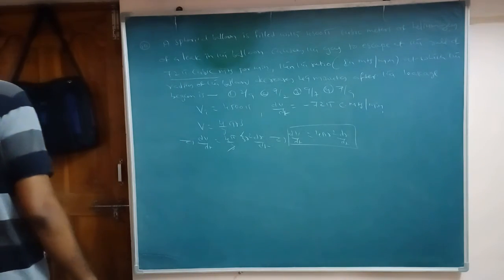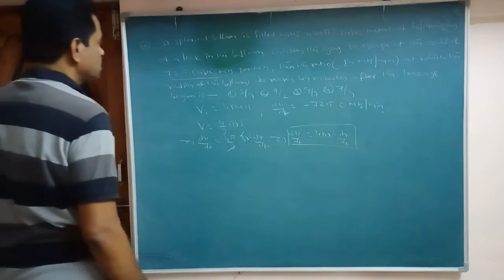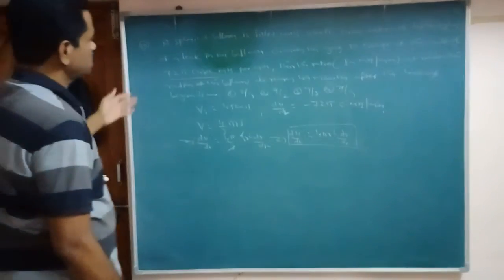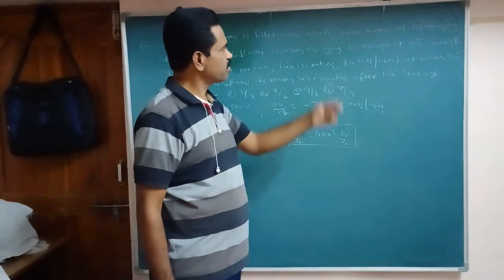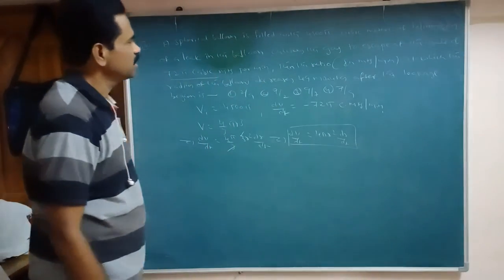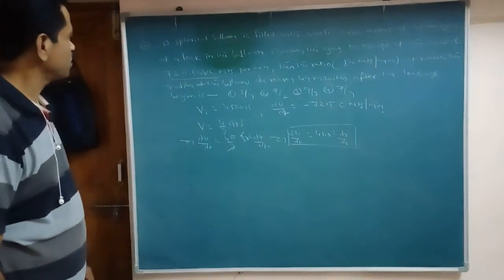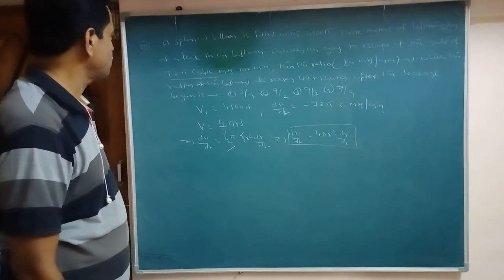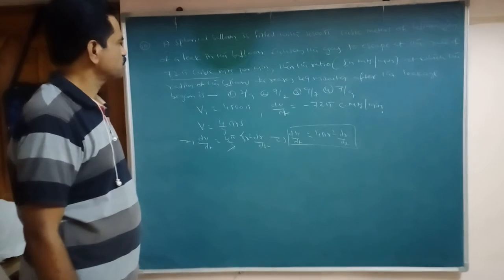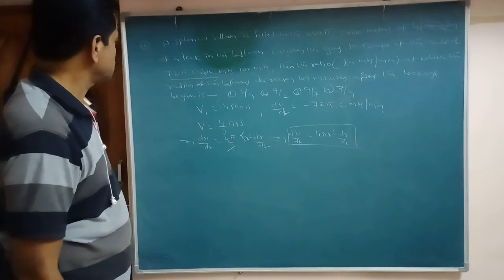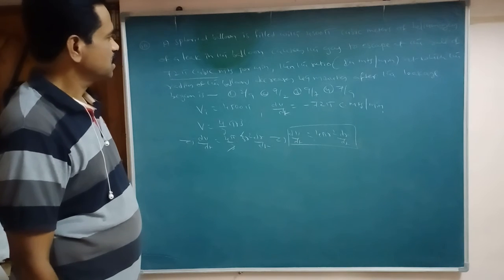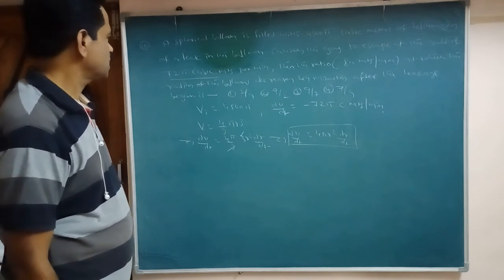Next, what is given here? Initial value given. A spherical balloon is filled with 4,500 cubic meters of helium gas. A leak in the balloon causes the gas to escape at the rate of 72 pi cubic meters per minute. The rate at which the radius of the balloon decreases 49 minutes after the leakage.